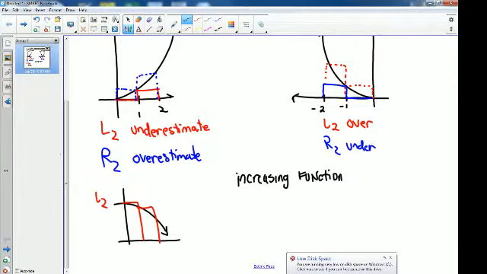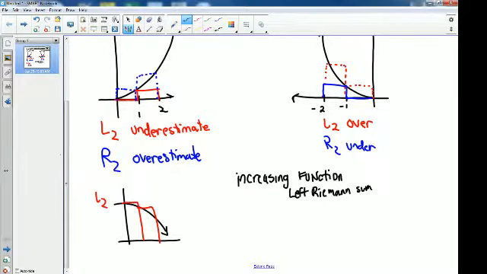So if we have an increasing function, the left-handed Riemann sum is an underestimate. Correct? That's what we concluded. And the right Riemann sum, I'll use shorthand here, makes things easier, is an overestimate.